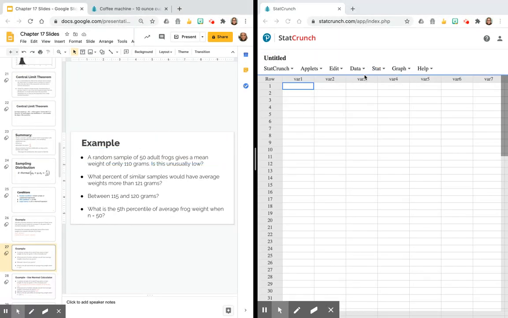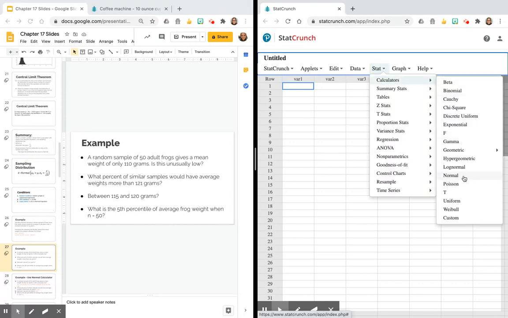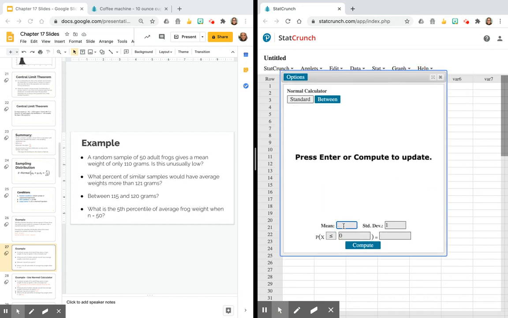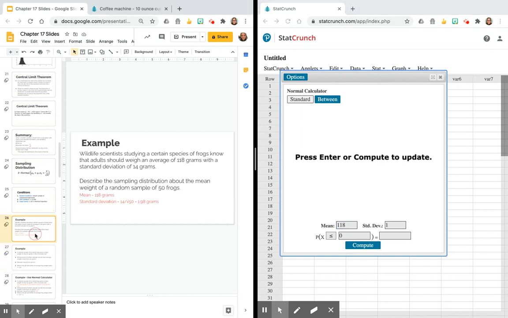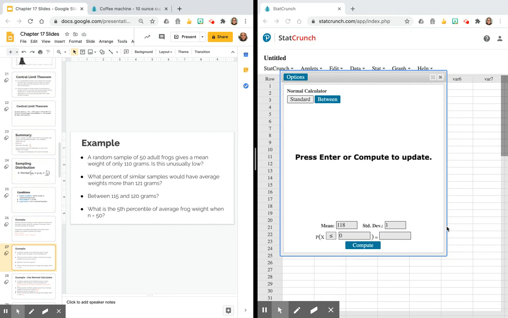So for this, I would go to Stat, I would go to Calculators and select the normal calculator. I know that the mean is 118, and I figured out on the previous screen that the standard deviation was 1.98. So I'm going to enter in 1.98. And then we're trying to figure out, is it unusually low to get 110 grams?